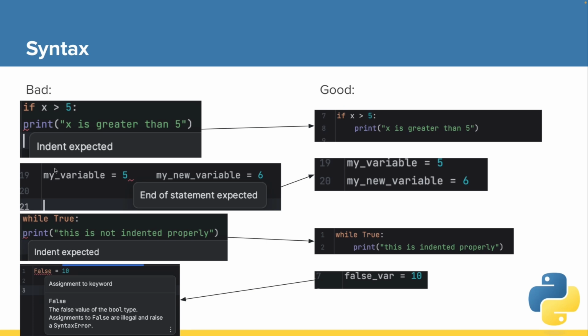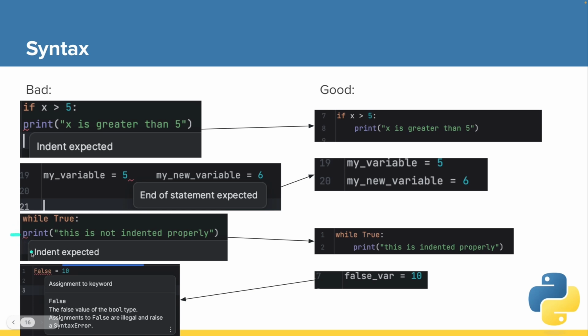This next example, we cannot do more than one thing generally on the same line. So here we're trying to assign this variable and we're trying to assign this other variable on the same line. And Python doesn't like that. It's expecting the end of that line. So we can assign those variables on two different lines, as we see there. Now, also, another indent issue with another grammar part of Python, which is called a while loop.